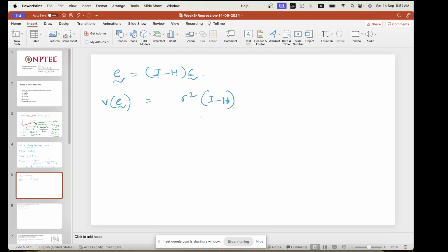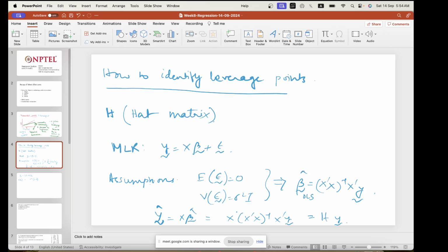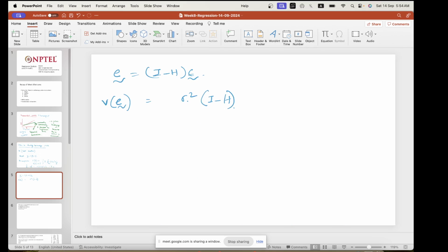The one thing to note here is that the variance of errors is sigma square I, but the variance of residuals is sigma square (I minus H). So epsilons are uncorrelated by assumption, but residuals are not.